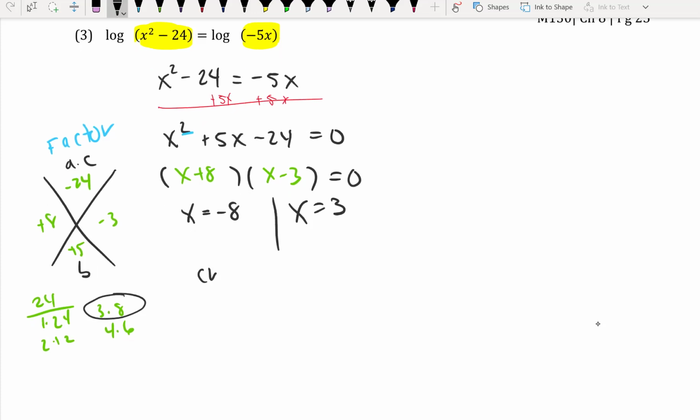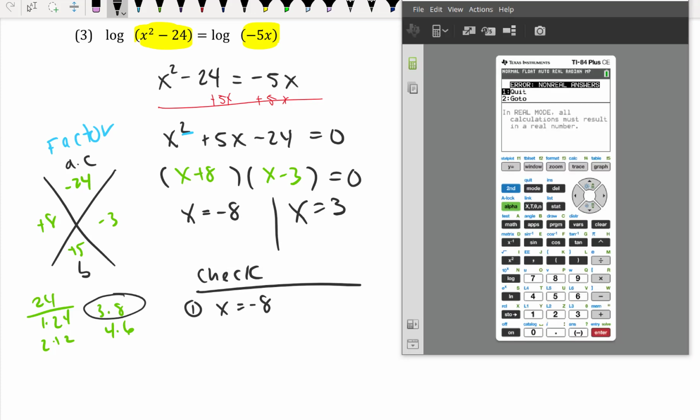So make sure to check your solutions. The first one we're going to check is, let's say x is equal to a negative 8. So we can bring up our calculator. We have log, and I have x squared, so the value that I'm plugging in is negative 8 squared minus 24.